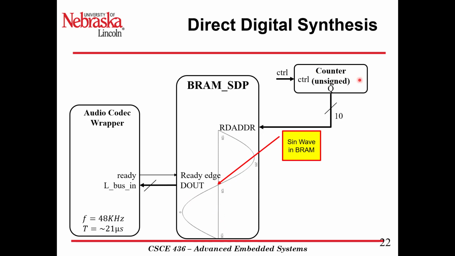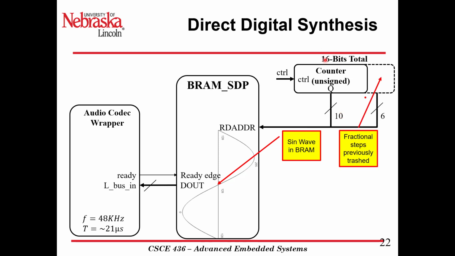Our counter, what you had before, where you take the random read address, you only have 10 bits there. But in our C code, we have 16 bits for our address, so we can utilize those. These other 6 bits were basically trashed.